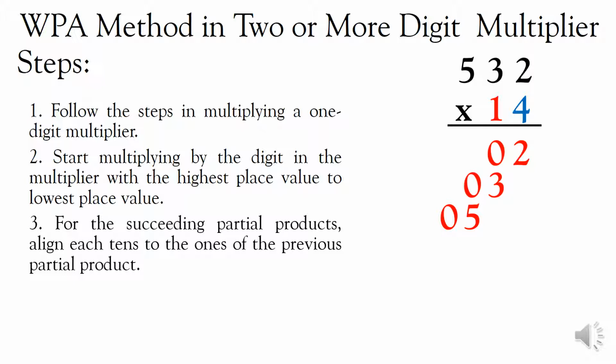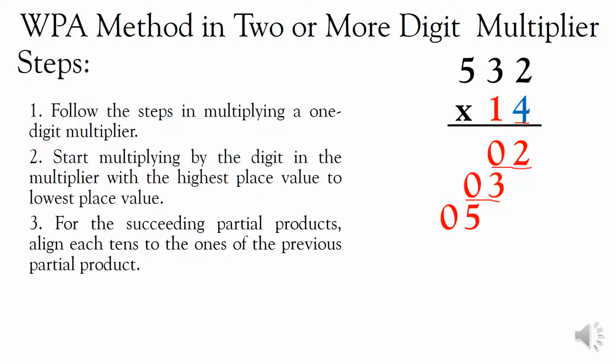For the succeeding partial products, align each tens to the ones of the previous partial product. Since 4 is the second digit in the multiplier, its first product should be written just below the first product of the first partial product, or just simply write its product beside the second product of the first partial product.